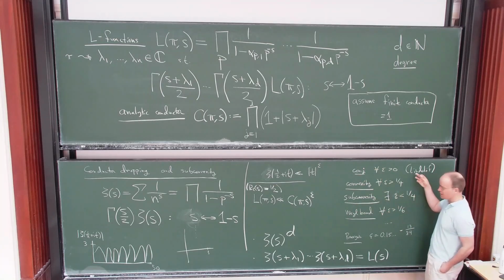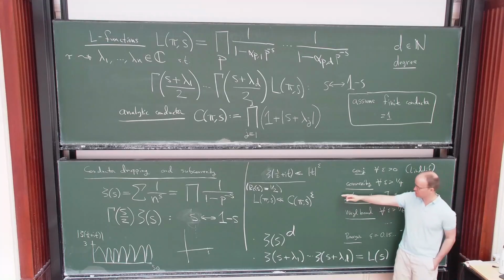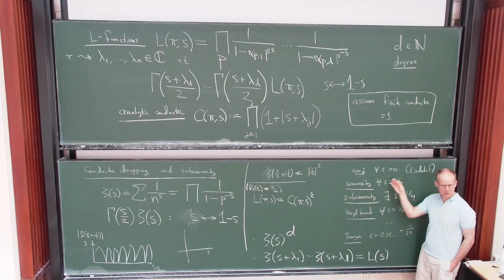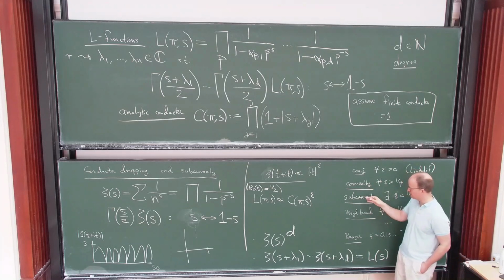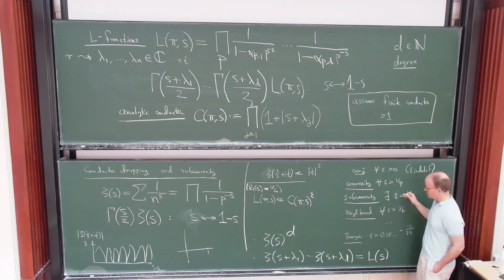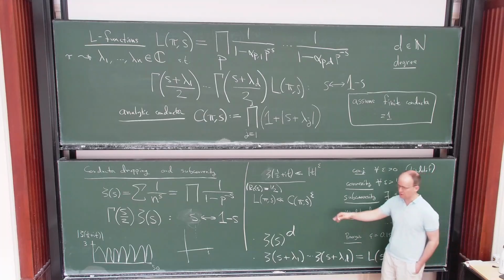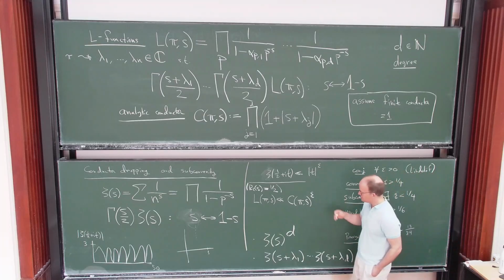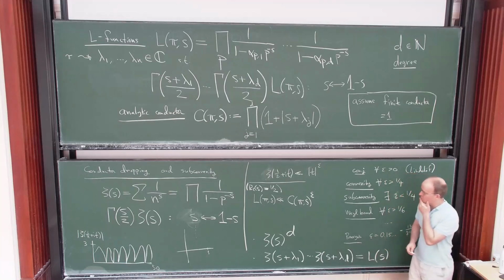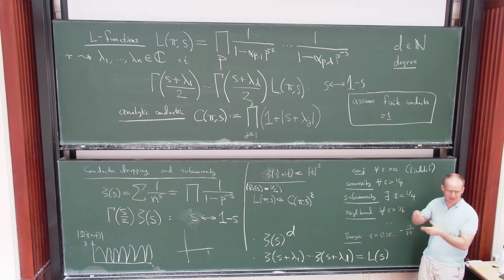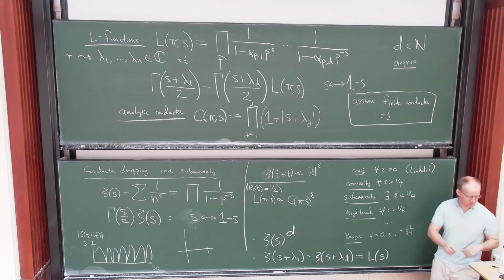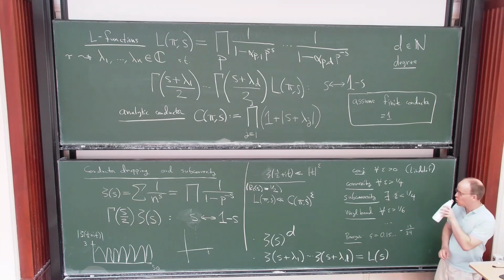There's some generalized Lindelof hypothesis that should hold for these things. There's a general convexity bound, which we've known for a couple decades at least. And then it's conjectured that subconvexity holds for each of these. But that is in general an open problem. And in particular, things like the Weil bound and, in more generality, finer things like this are generally quite out of reach.